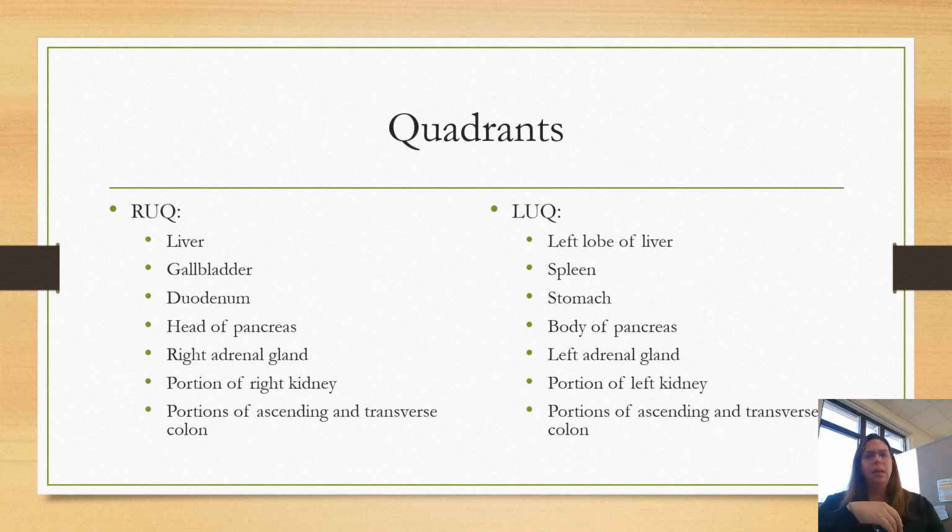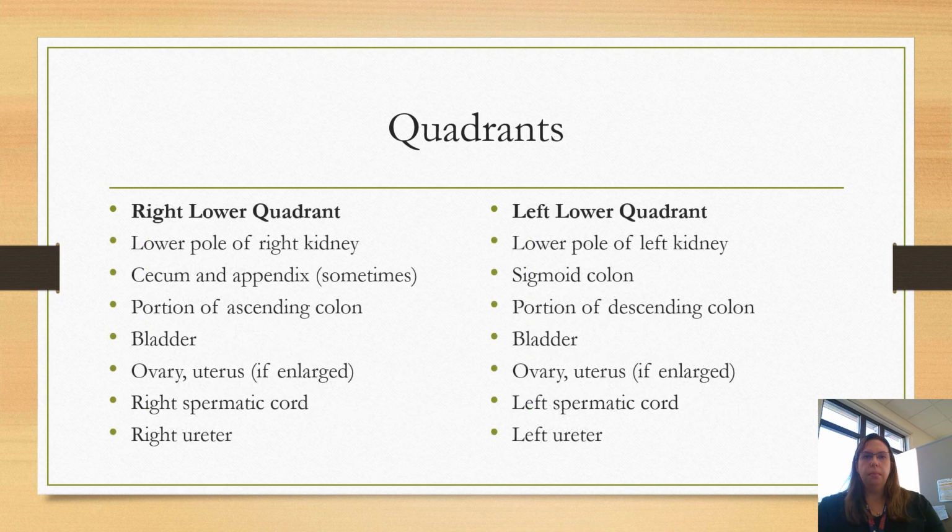What's going on? And we'll talk about in a little bit also how the abdomen can be tricky. And then this is again right lower quadrant, left lower quadrant, just listed out there, just so that you have a general idea of what's underneath there and what could be causing those symptoms.